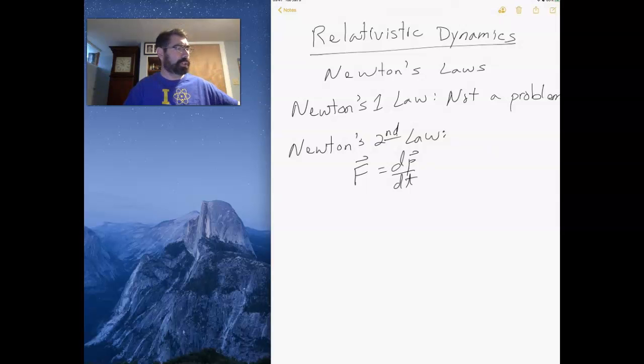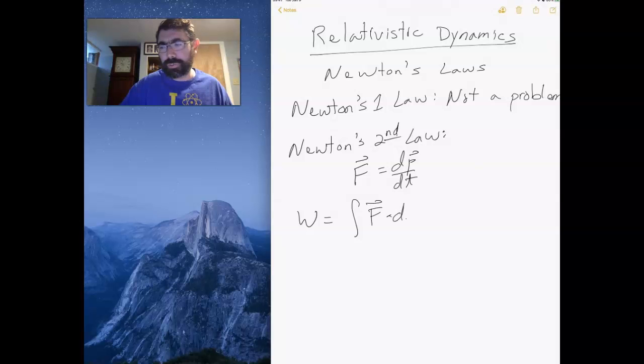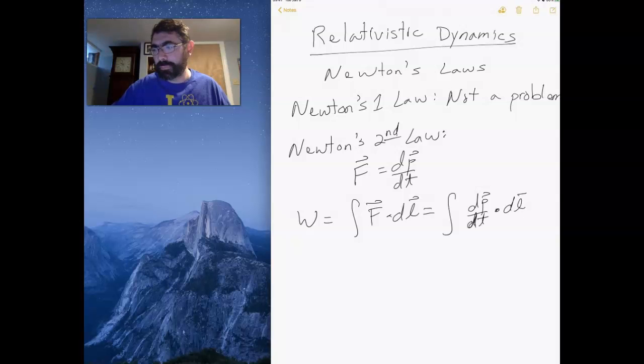Instead, we're just going to see how we can rewrite forces in terms of special relativity. The starting point would be if we consider the work as the integral of the force times the length, and we can put in our change in momentum with respect to time, like so. Now I want to replace the length with time.